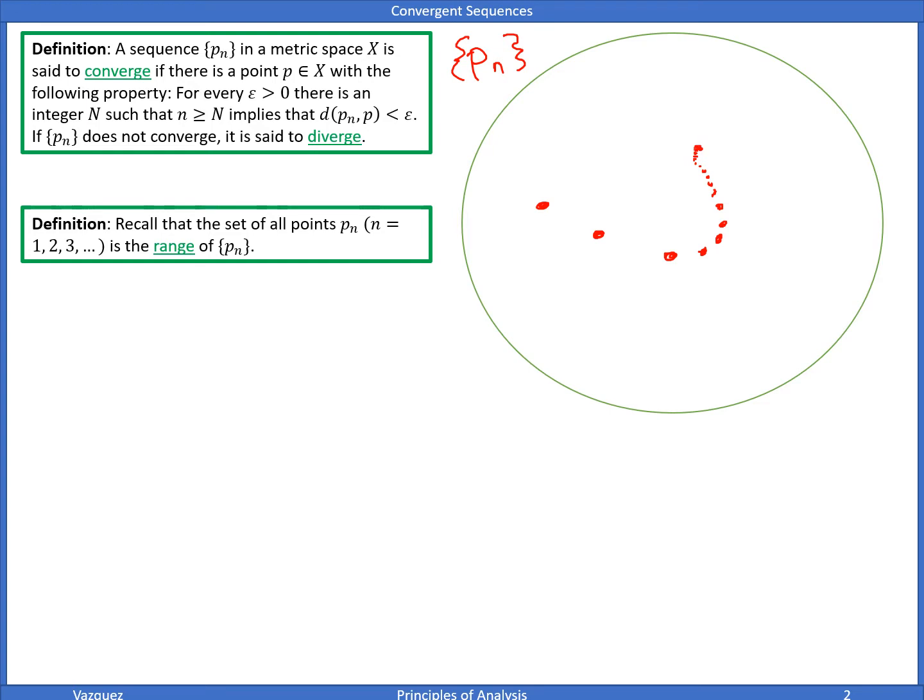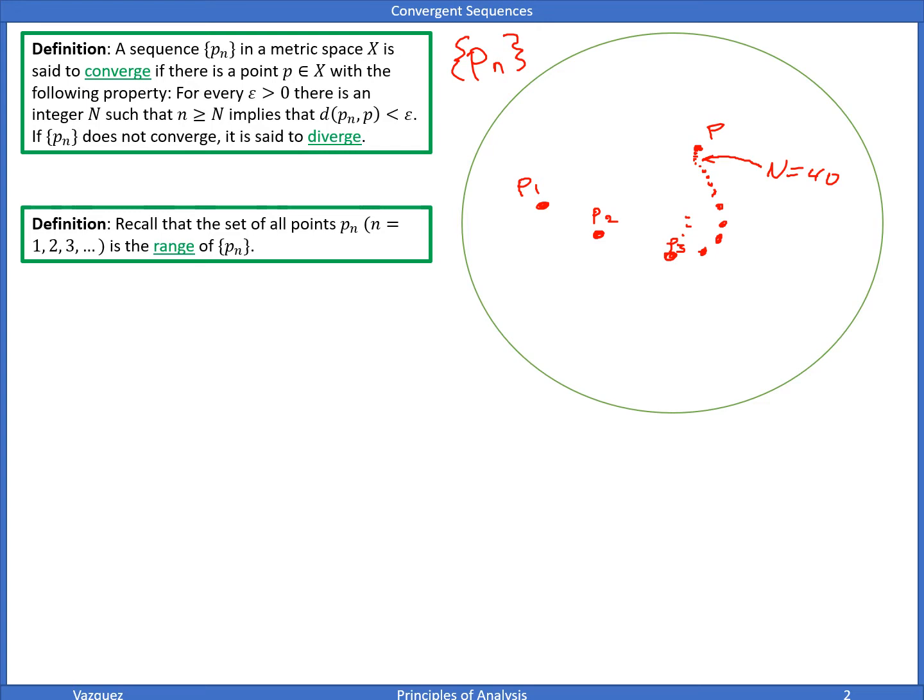And let's call this point P. So here, this is P sub 1, P sub 2, P sub 3, and so on and so forth. So it converges if after a certain n, so for example, let's say n is the 40th point in the sequence. So it's P sub 40, that point.